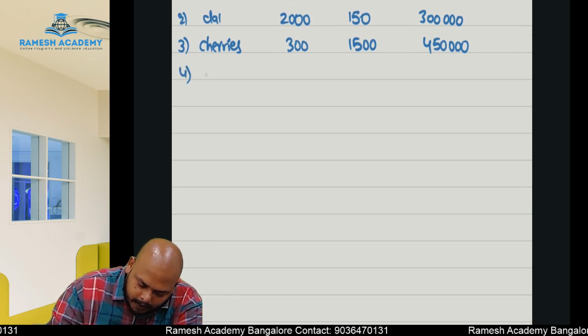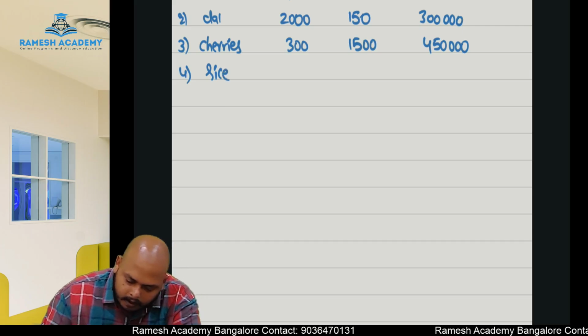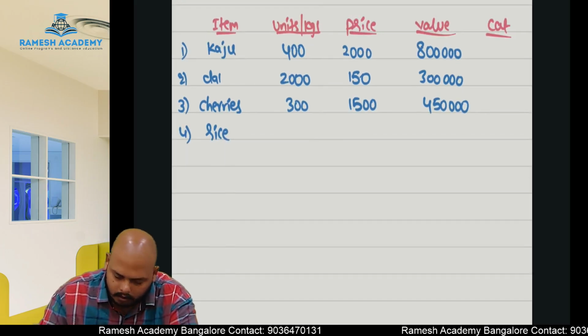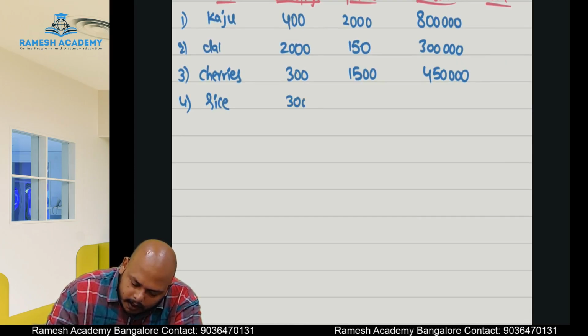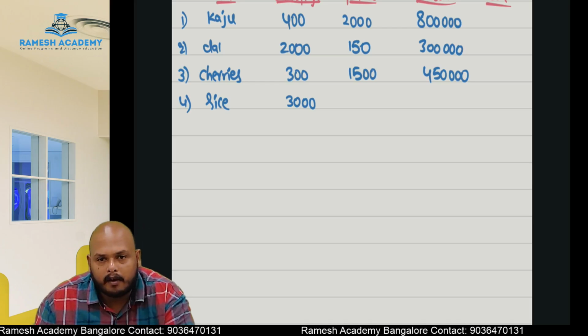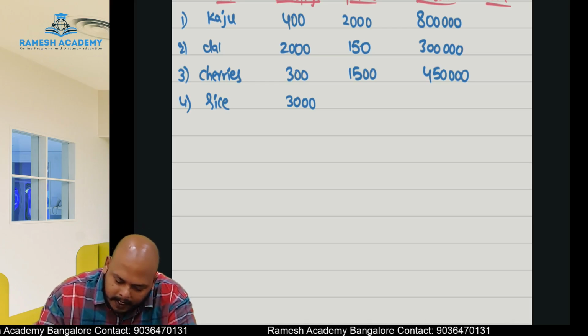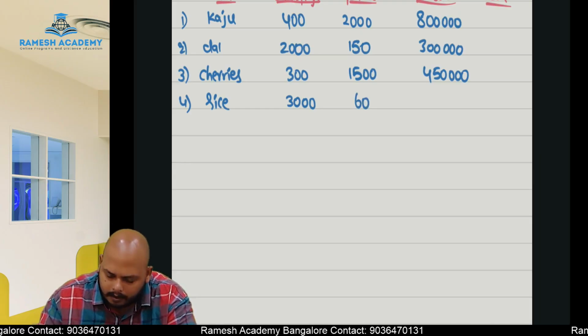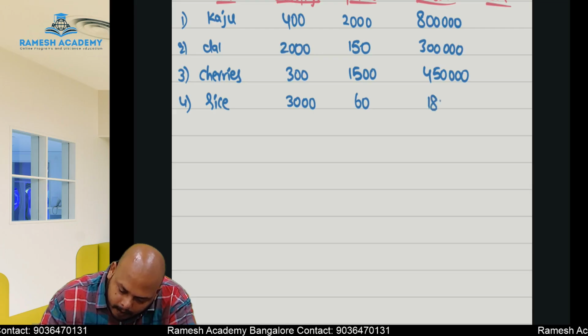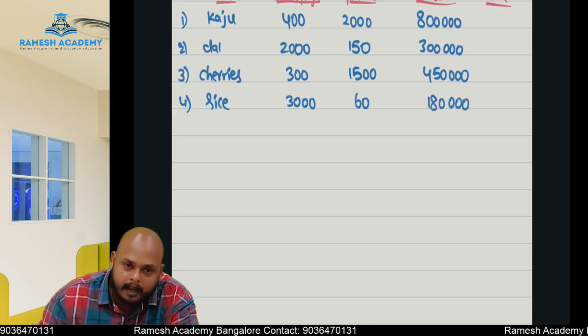Fourth one, let's take the example of rice bags. The quantity we have is 3000 kgs. Price per kg, let us assume 60 rupees. The value will become 1,80,000.